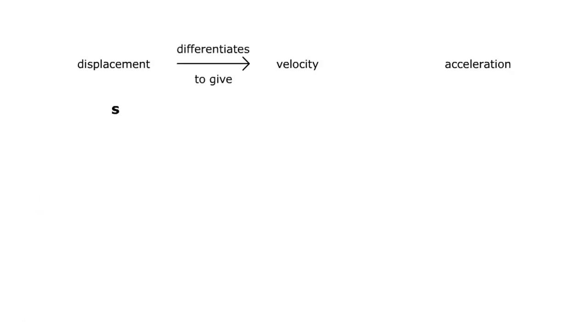Now, we can differentiate a function of S to give the velocity, because velocity tells us the rate of change of displacement with respect to time. So velocity is ds by dt. Then we can differentiate velocity to give acceleration, because acceleration is the rate of change of velocity with respect to time.